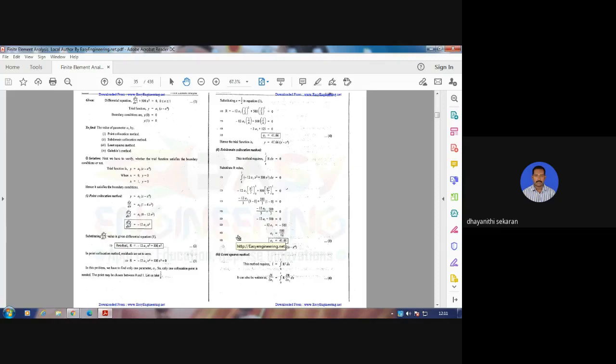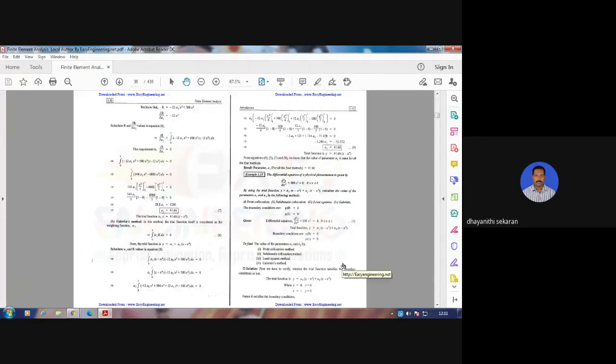Okay, again least square method: I is equal to the integral over the domain 0 to 1 of R squared dx. So dou I by dou a1 equals the integral from 0 to 1 of R into dou R by dou a1 dx. Here R is minus 12 a1 x squared plus 500 x squared, and dou R by dou a1 is minus 12 x squared, because 500 x squared has no a1 term. So dou I by dou a1 should be 0, and we need to prove it.